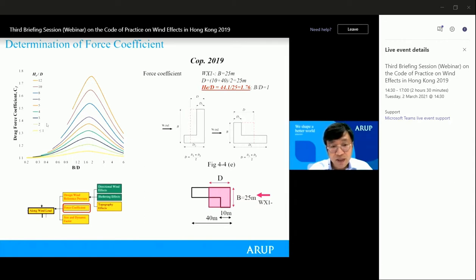So HE over D is about 1.76. The B over D is 1. So by using the two figures, we can look up the actual force coefficient on the force coefficient graph. Within this, the force coefficient is calculated as 1.17.